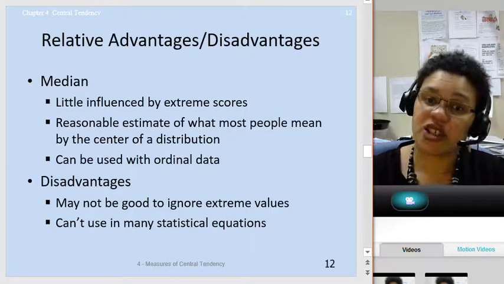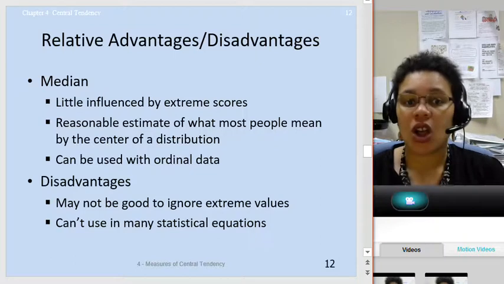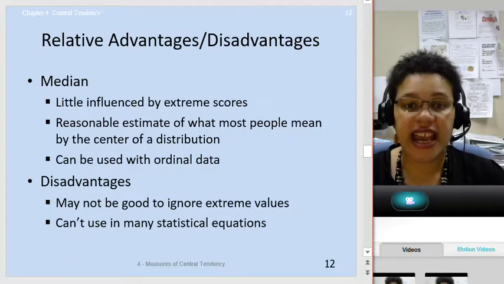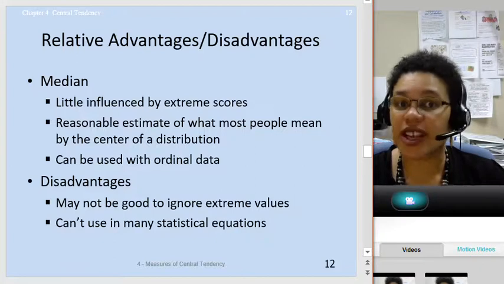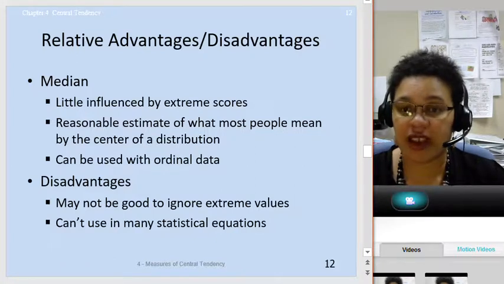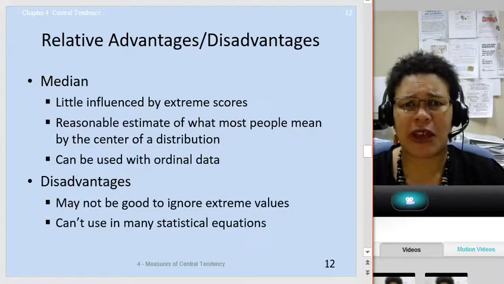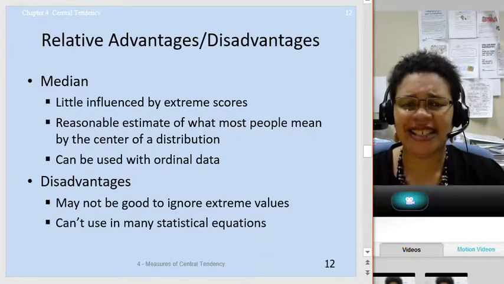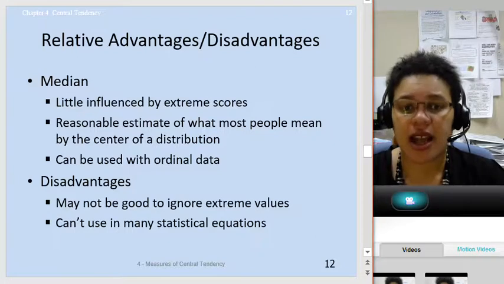Relative advantages or disadvantages of the median. An advantage is that it's not really influenced by extreme scores. So if you have one or two scores that are just way out there, the median is not really influenced by that.